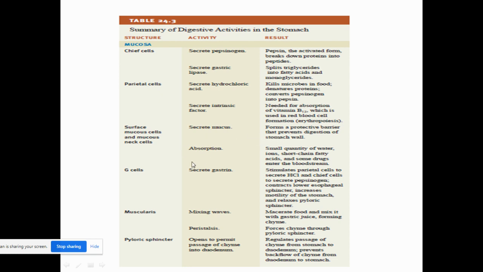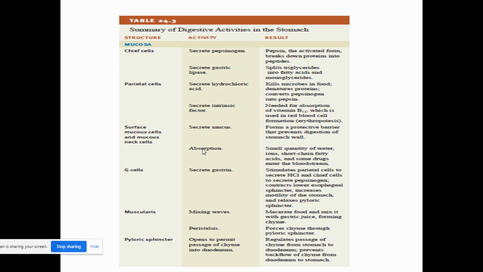Now, does any absorption take place in the stomach? Yes, small quantity of water, ions, short chain fatty acids, and some drugs enter the bloodstream. So the stomach does not have any major absorptive function.